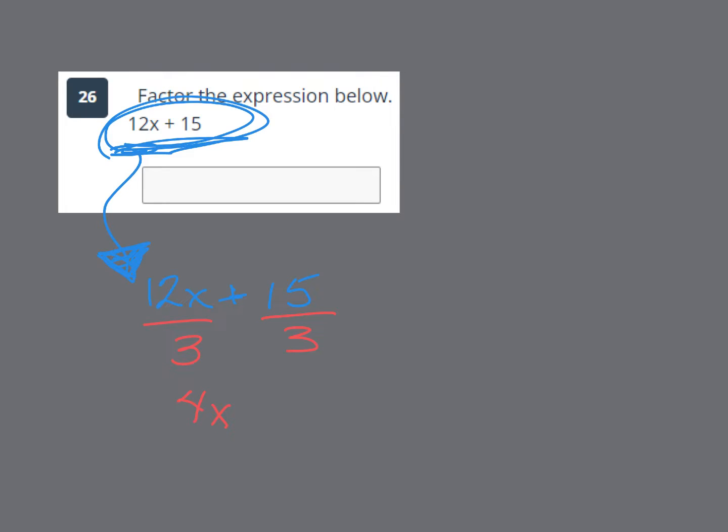Don't forget about the x. Plus 3 gazinta 15 5 times. This is going to go inside my parentheses. And this will go on the outside of my parentheses. So my answer, once it's factored, is going to be 3 times the quantity of 4x plus 5. Those are very fun. Do you like doing those?